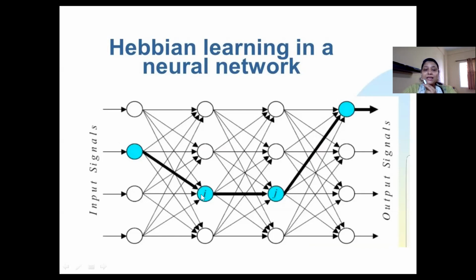But whenever you get a situation where J is also highlighted, and another node is highlighted, then the weight vectors of those two neurons are going to be updated. That means Wij is going to be updated with a new one which replaces the old one, and automatically whatever the input for this I node, and whatever output we expect after this particular node. So this is what the Hebbian network is all about.